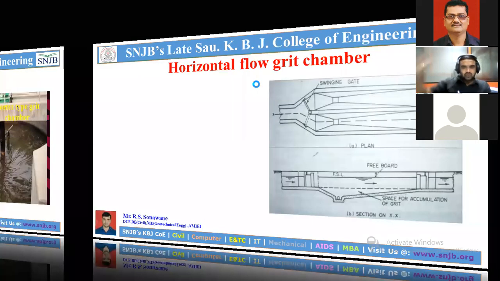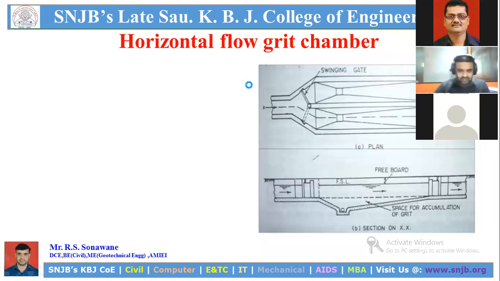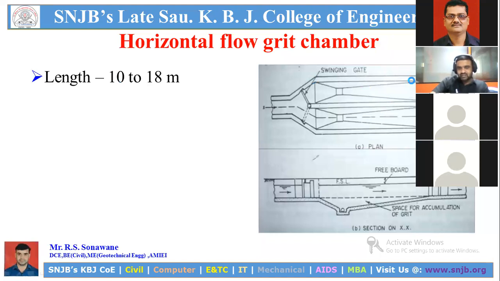So now the horizontal flow grit chamber. You can see here that this is a plan of a grit chamber, with an inlet wall with a swing gate, an outlet wall with a swing gate, and a particular section in the x direction. Here is the inlet with the swinging gate, and this is the full supply level with respect to the freeboard.